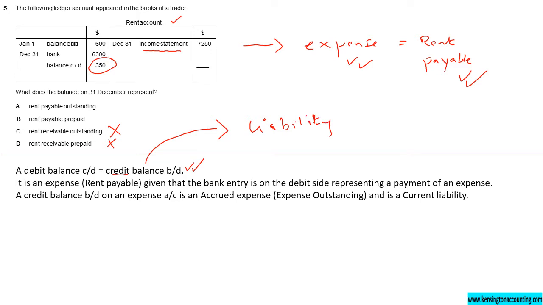Okay, therefore, we're talking about a liability. Now, an expense which is a current liability means it is an expense accrued or expense outstanding. Therefore, we're talking about rent payable outstanding, because rent payable prepaid is an asset. Now we're talking about a liability here. Therefore, the correct answer is A.